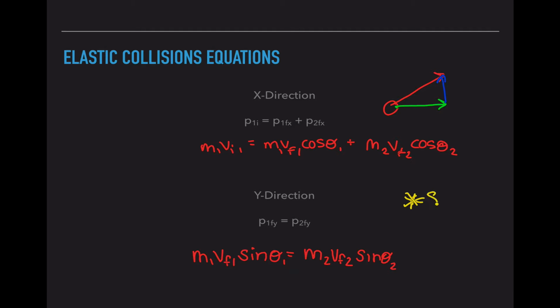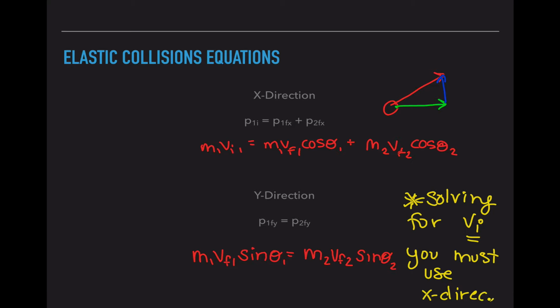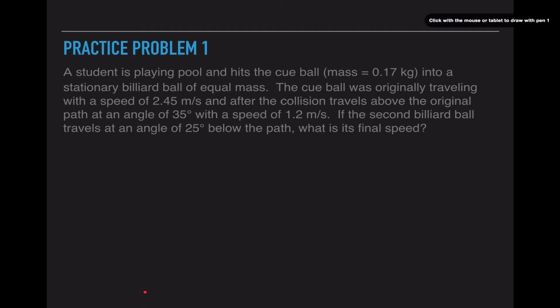If you are solving for an initial velocity, you must use the x direction, because there is no initial velocity in the y direction in our equation. So we can't solve for it because it's not even there.